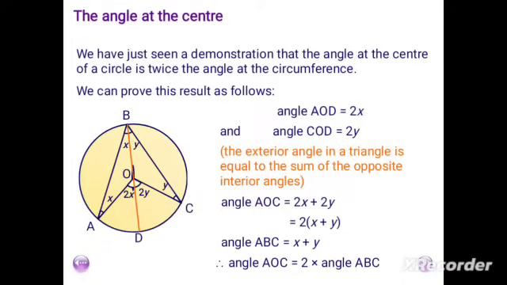Therefore, angle AOC is equal to 2 times angle ABC. So that means angle AOC is the angle at the center, and angle ABC is the angle at the circumference. Therefore, we can say that the angle at the center is twice the angle at the circumference of the same circle.